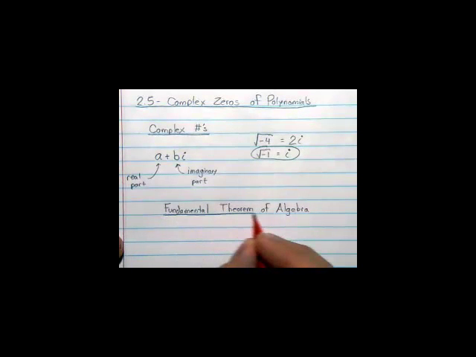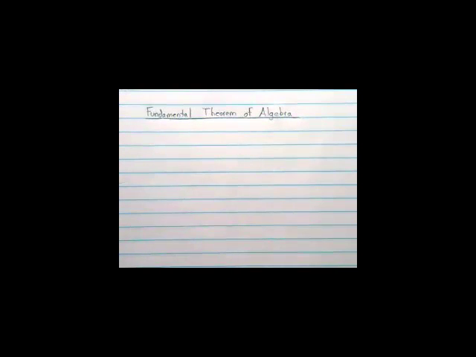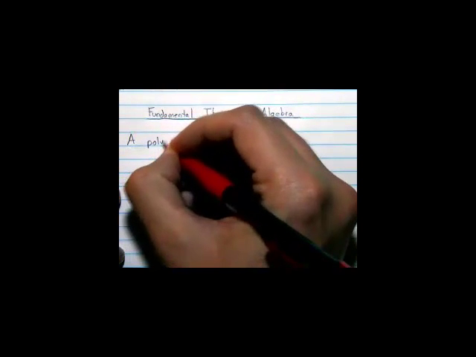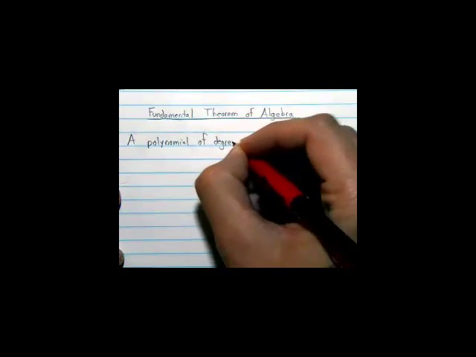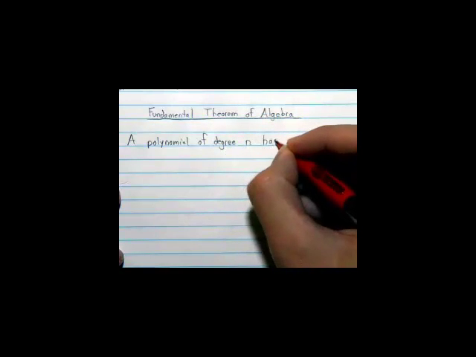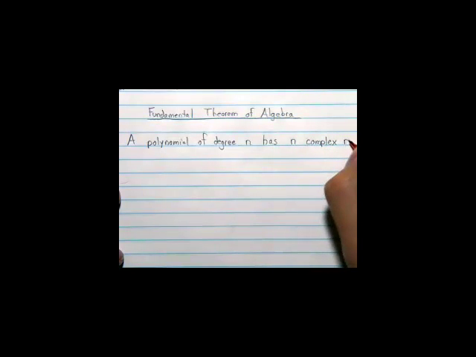If we allow ourselves to use complex numbers, not just real numbers, but complex numbers too, then the degree of a polynomial is equal to the number of roots that you'll have. Basically just that statement: a polynomial of degree n has n complex roots.